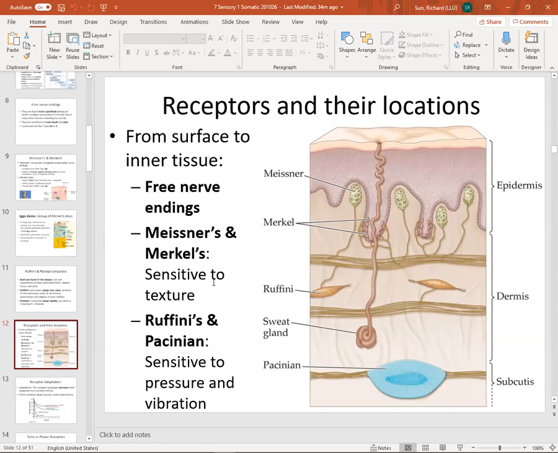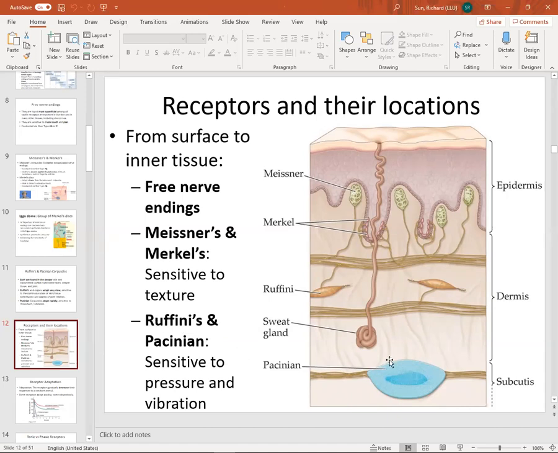Because they are more superficial, they can detect the texture. Meissner detect the fine texture. Merkels detect the smoothness of the texture, the continuous pressure, or the continuous feeling of the touch.